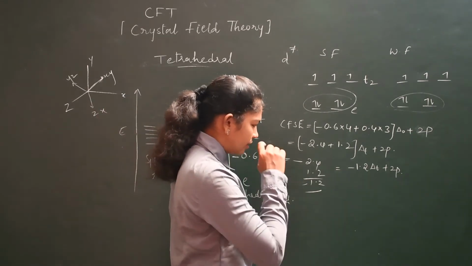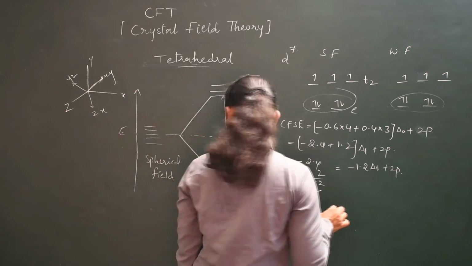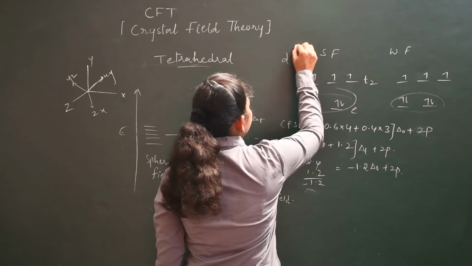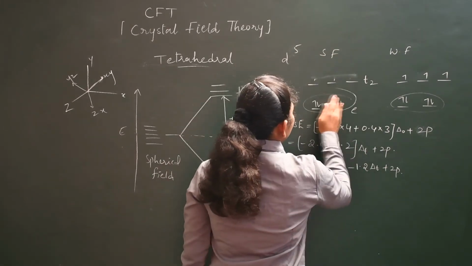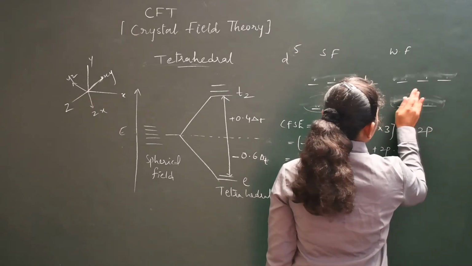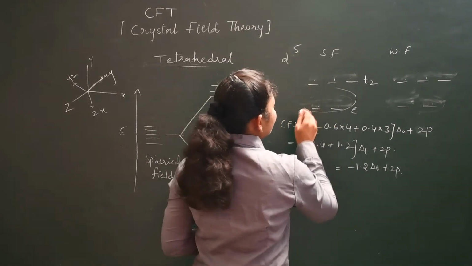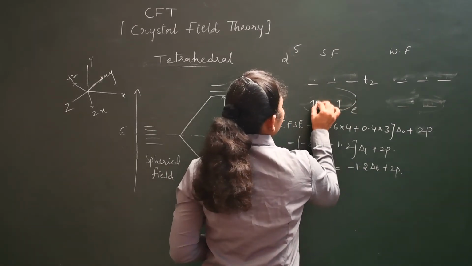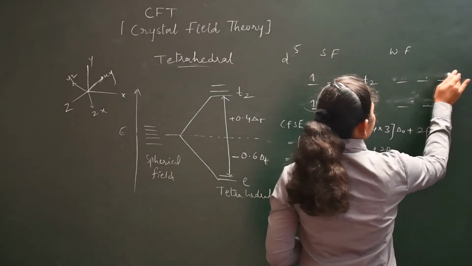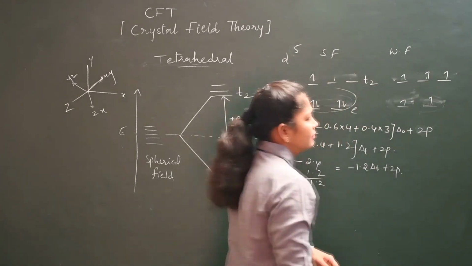Suppose we do one thing. We'll calculate for the d5 system. For d5, for strong field and weak field, we calculate both. So for the d5 system, in strong field you just fill 1, 2, 3, 4, 5. In the weak field you also just fill 1, 2, 3, 4, 5.